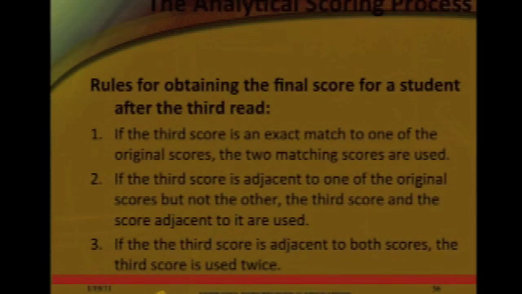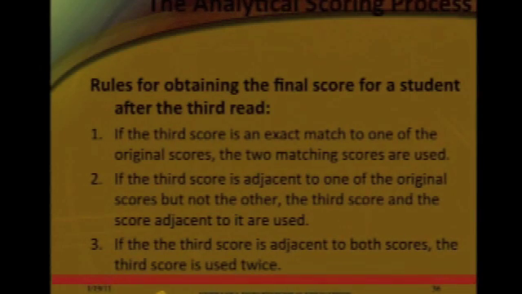It says if the 3rd score is adjacent to one of the original scores, but not the other, the 3rd score and the score adjacent are to be used. Sweet, no problem. So we know that if the 3rd reader matches, they take that score and the matching score. If it's adjacent, they take the 2 adjacent scores. Now, if the 3rd score is adjacent to both scores, the 3rd score is used twice. Did you get that? If the 3rd score is adjacent to both scores, the 3rd score is used twice.